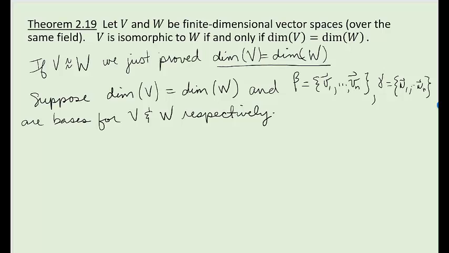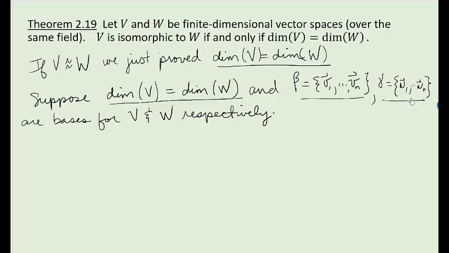So suppose the dimensions are equal, and let beta be a basis for V and gamma a basis for W. Notice they both have n vectors in them, and all we need to do is create a linear transformation that is an isomorphism, that is, one to one and onto.